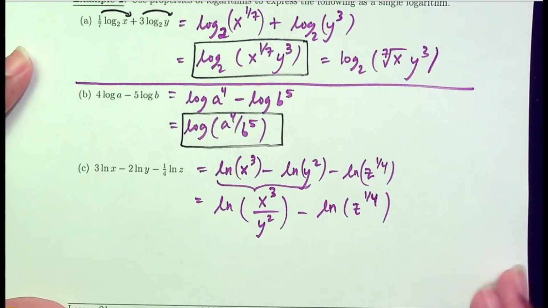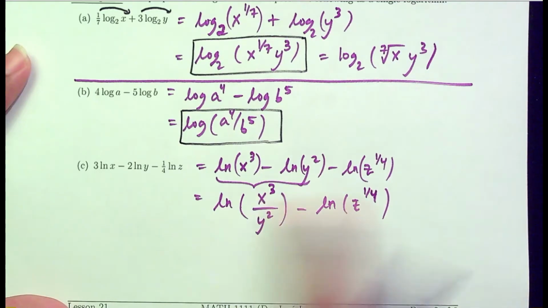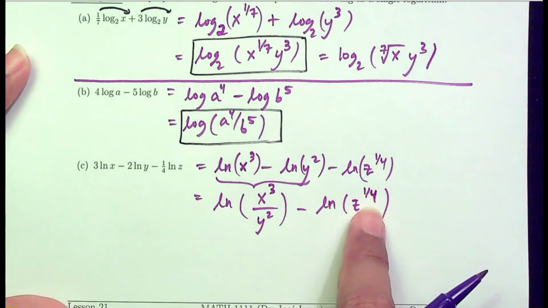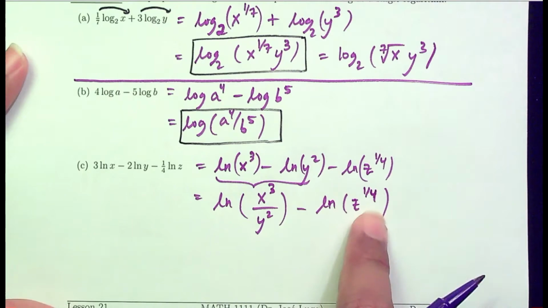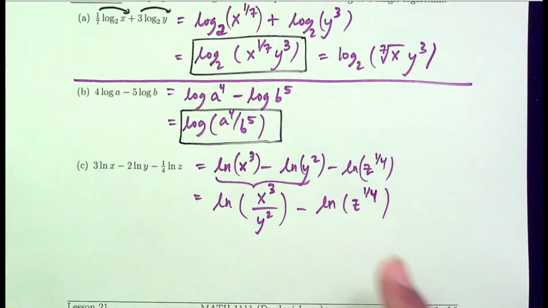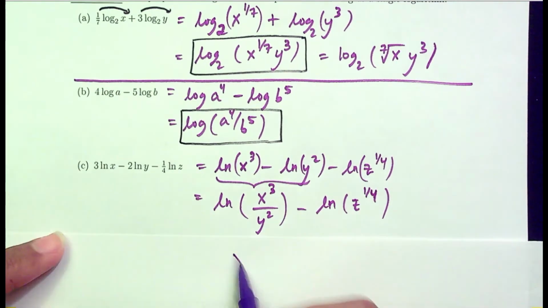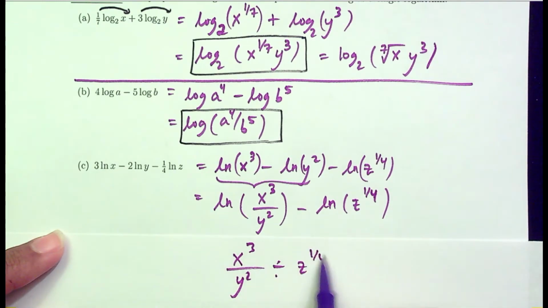And now it is going to be this over that, or this divided by that. Okay, before I write it in there, I'm gonna make that calculation in a separate piece of paper. So we have x cubed over y squared divided by z to the 1/4.